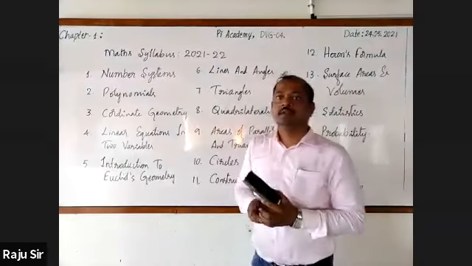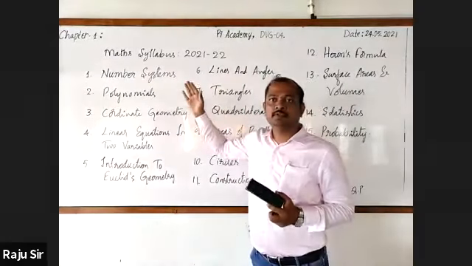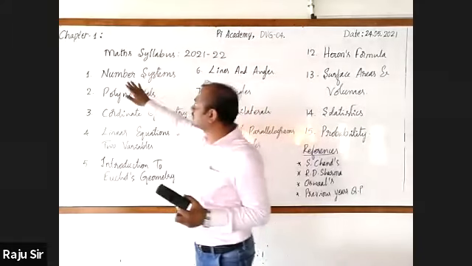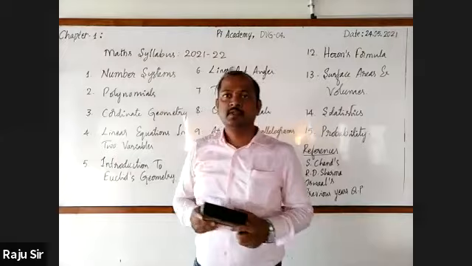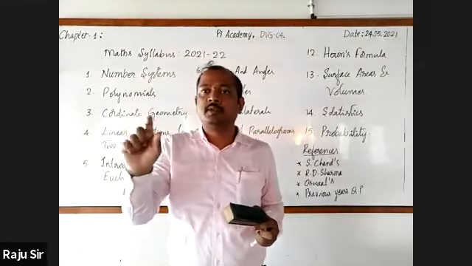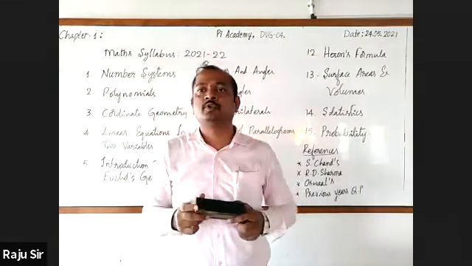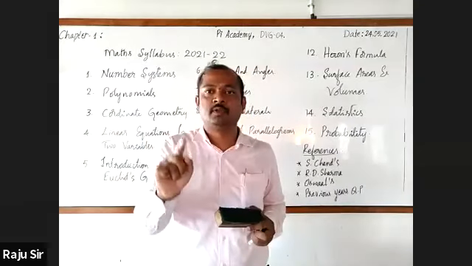Okay, dear students, in today's class let's focus on the very first chapter, called number system. Yesterday I had given you the pattern to be followed to write the name of the chapter.